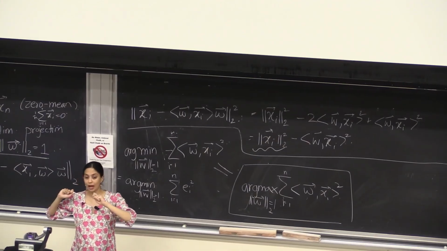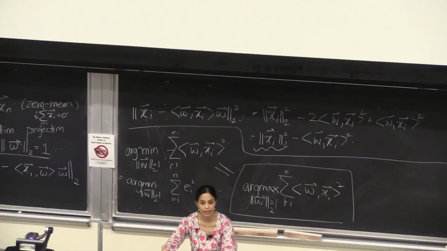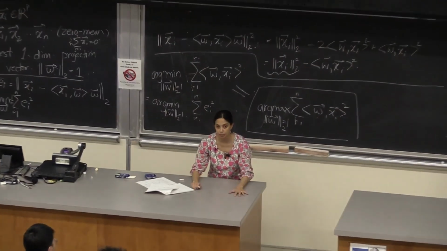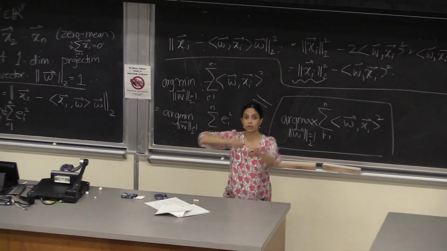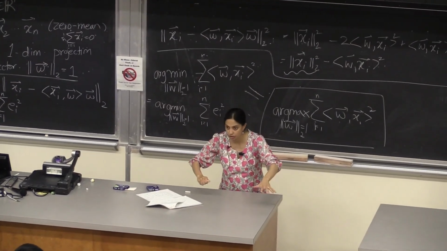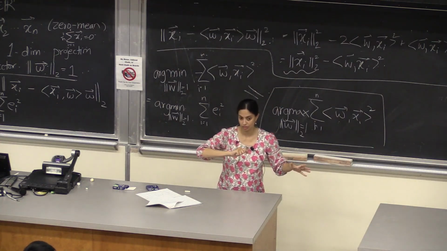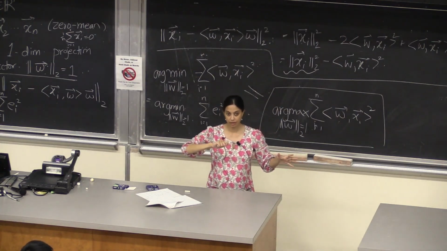Okay? So I can have, for example, this plane is a 2-dimensional subspace that is embedded in a 3-dimensional space. Similarly, I can have an 8-dimensional subspace that is embedded in a 64-dimensional space. Right? Everyone with me there?